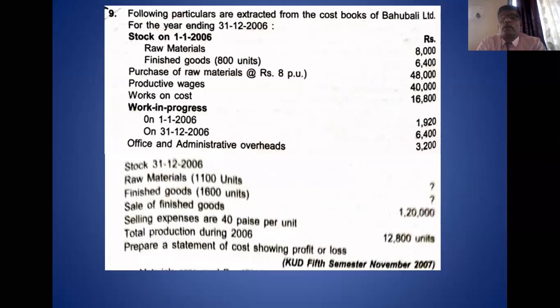It is to be calculated on the basis of units sold. Production units are 12,800 units.